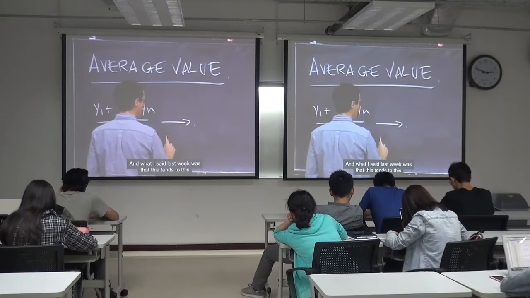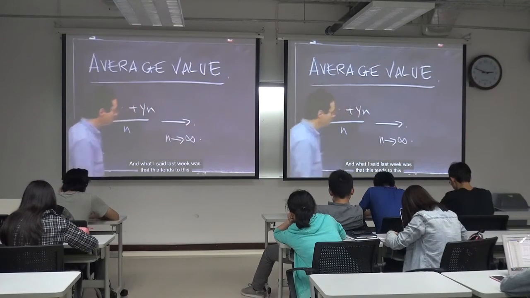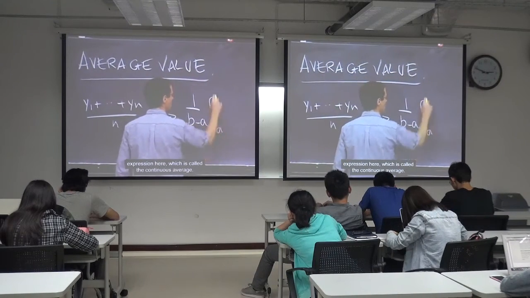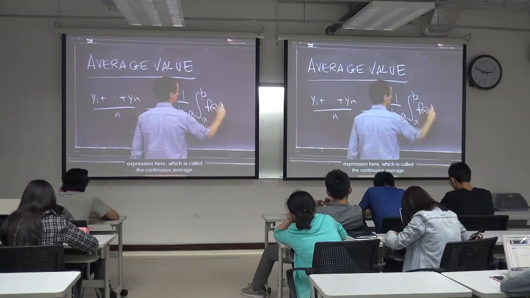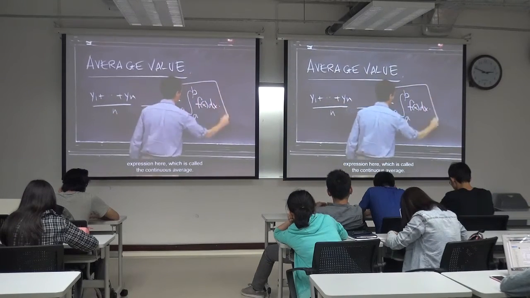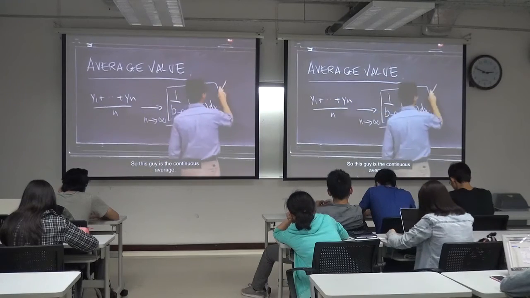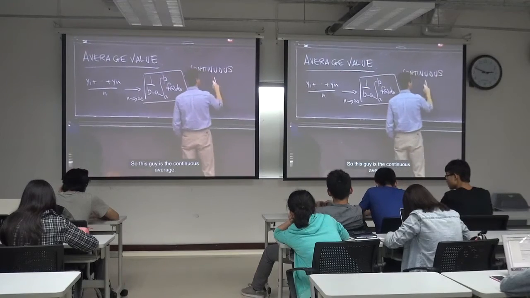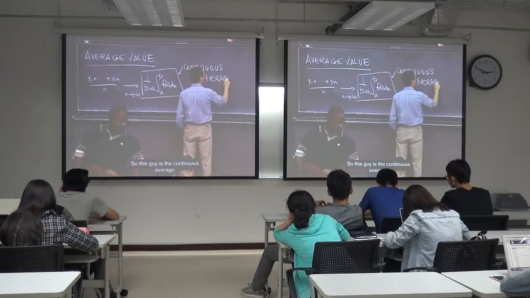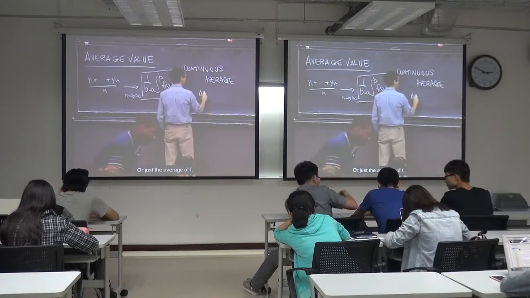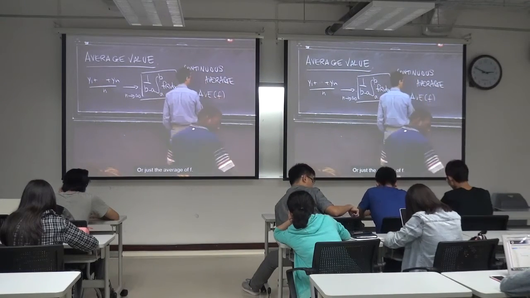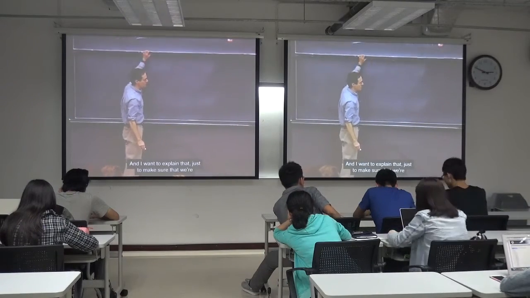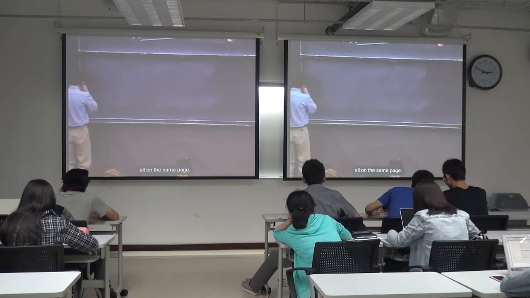And what I said last week was that this tends to this expression here, which is called the continuous average, or just the average of f. And I want to explain that just to make sure that we're all on the same page.